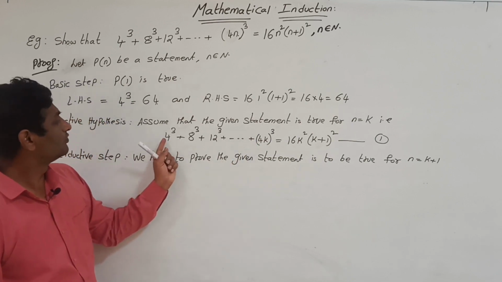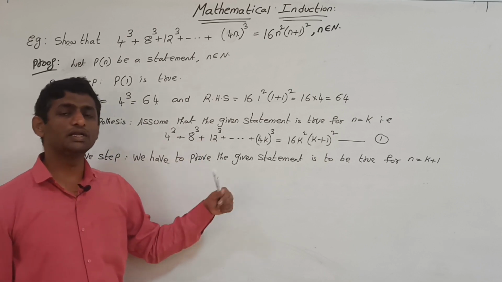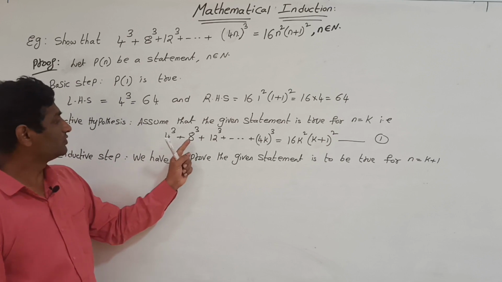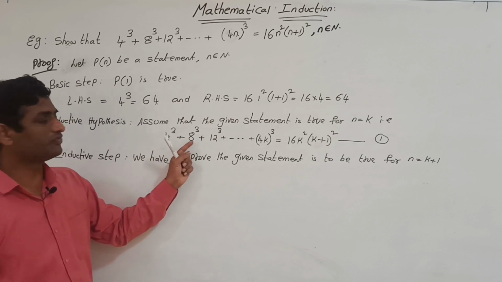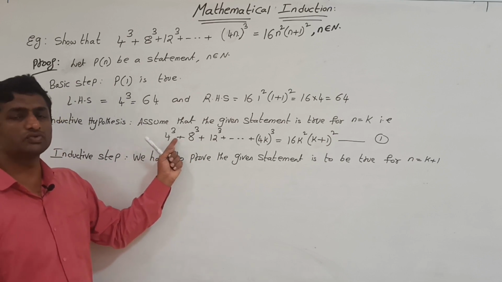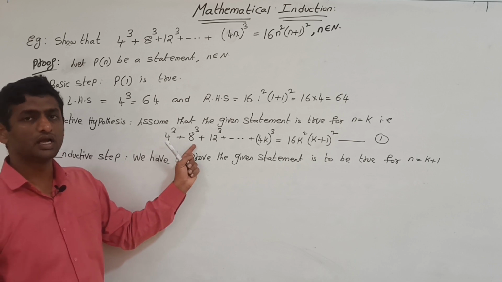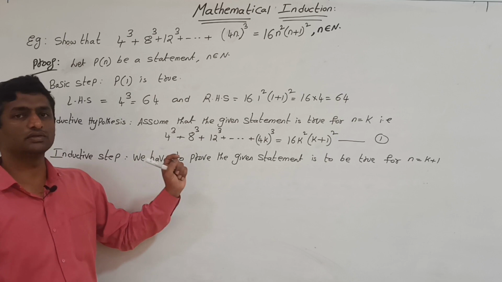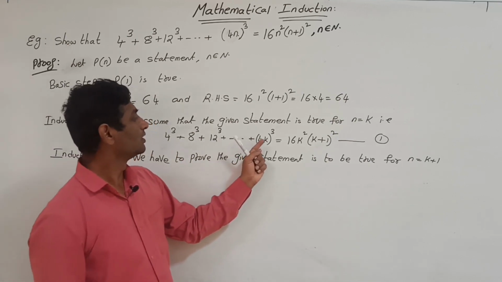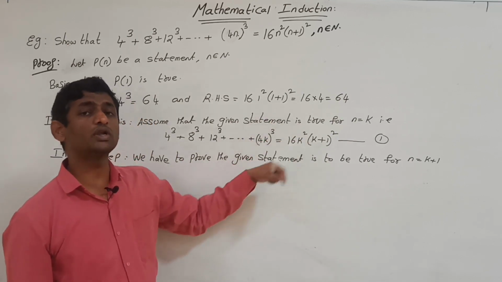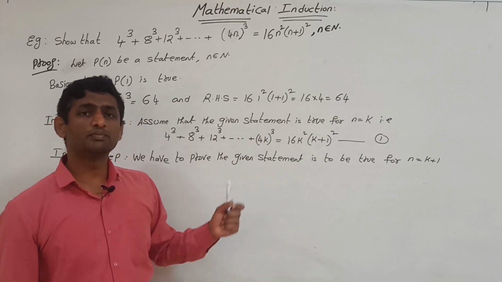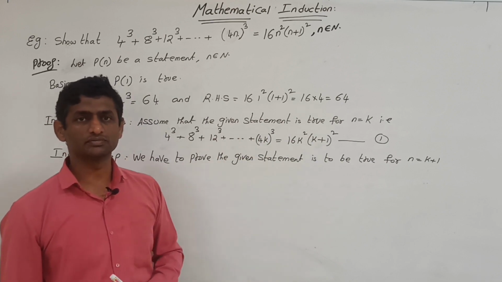If you observe, 4, 8, 12 are in arithmetic progression. For the second term, 8, if you add 4 to the previous one, you will get 8. Again, in order to get 12, if you add 4 to the 8, you will get 12. Similarly, for the next term, what number should be added so that it will be the k plus 1th term?